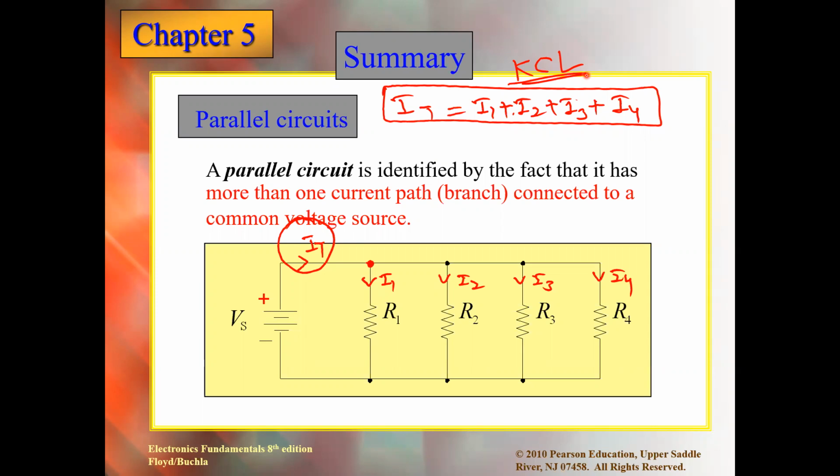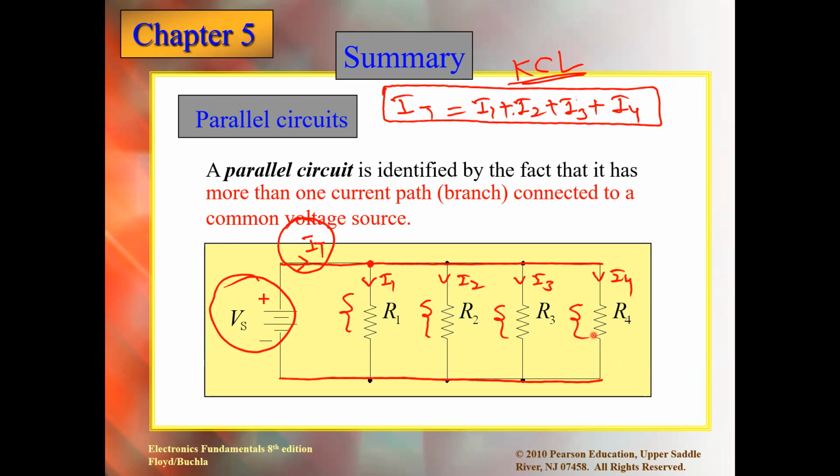We have KVL, Kirchhoff's voltage law, for the series circuit. We have KCL for the parallel circuit. Okay guys, so this is IT, I1, I2, I3, like that. Now we can also calculate I1, I2, I3, I4 separately, but as I said, this is a common node and this is a common node, and we are connecting the supply voltage Vs here. So the same voltage will appear across this branch, this branch, this branch, and this branch.